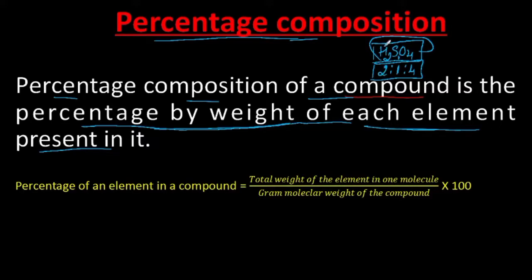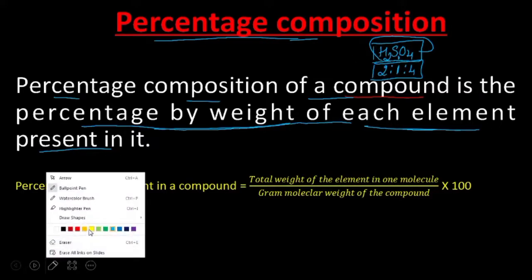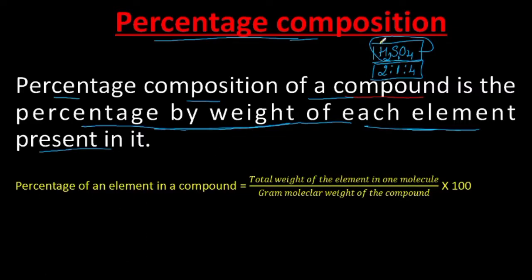Say, what is the atomic mass of hydrogen? So the atomic mass of hydrogen is 1, right? Sulfur and oxygen have their respective atomic masses. Now what is the percentage by weight?